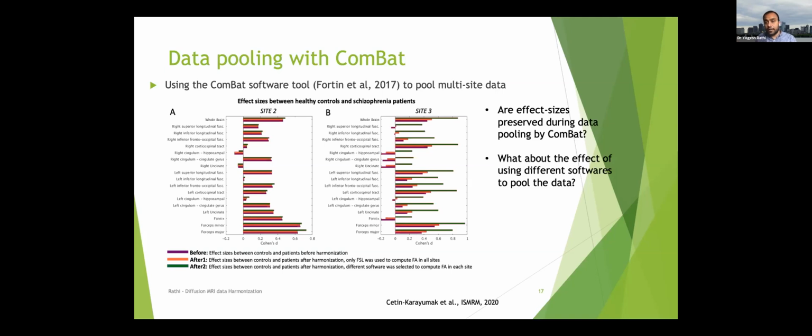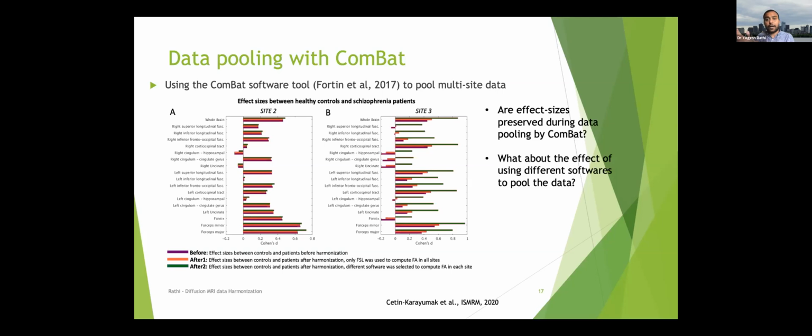I want to now combine these two data sets and I run ComBat on that. So after running ComBat, the site effect would be removed between BWH and PNC. Now what we do is after that site effect is removed, we take away the BWH data again and only keep the PNC and again compute these effect sizes.